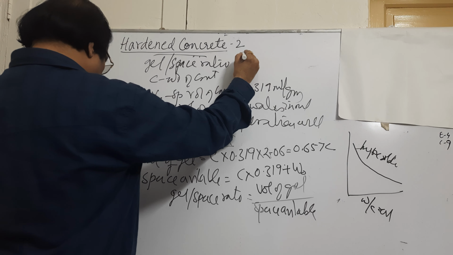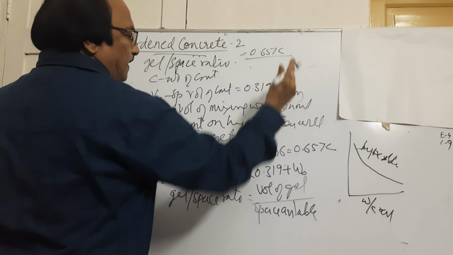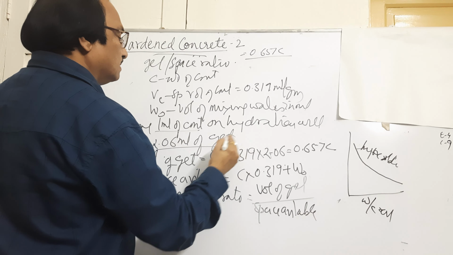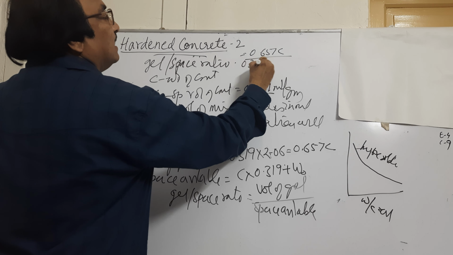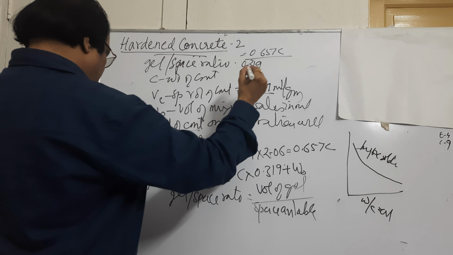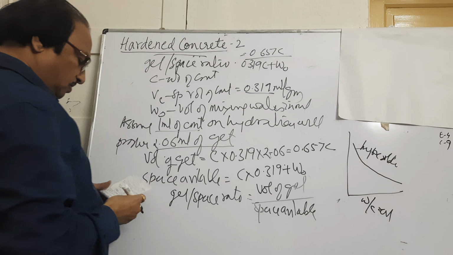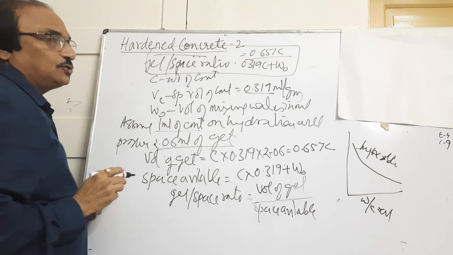So this will be equal to the volume of gel, 0.657 C, divided by the volume of cement, 0.319 C, plus W naught, the volume of water. So this is the general formula we will be using for the gel space ratio.